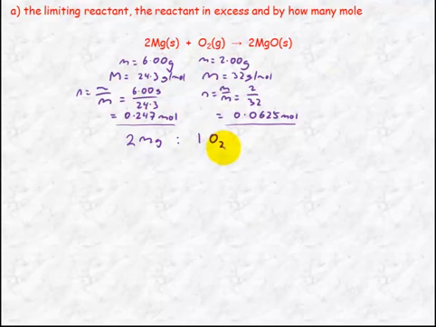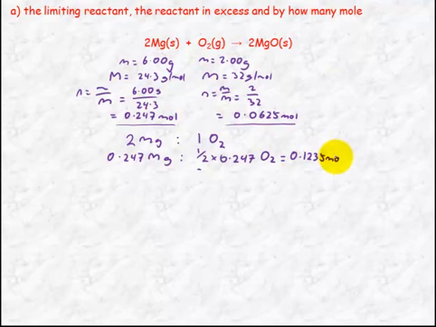Now, let's solve for magnesium first. So if I've got 0.247 mole of magnesium, I'm going to require a half times 0.247 of oxygen, which is going to equal 0.1235 mole.